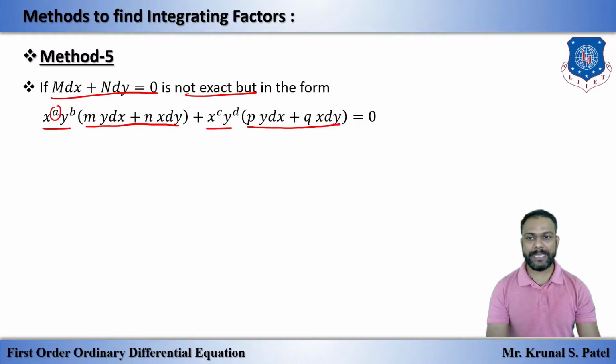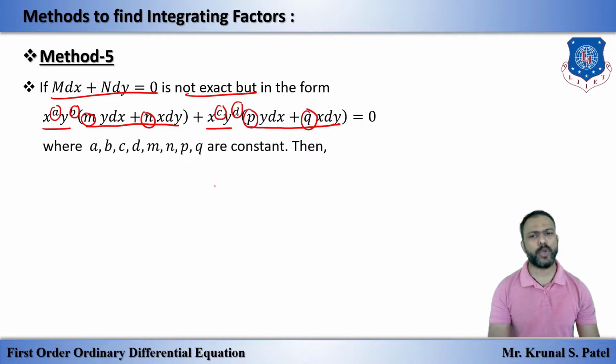Here a, b, m, n, c, d, p, q are numbers, that means constants. So no need to worry about this. The constants may be anything: 0, 1, 2, 3, 4, any.